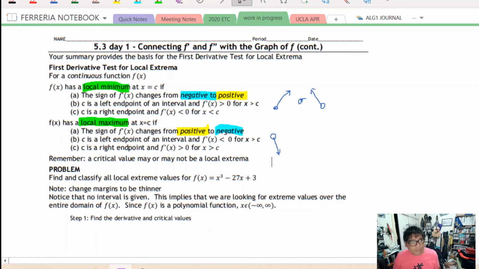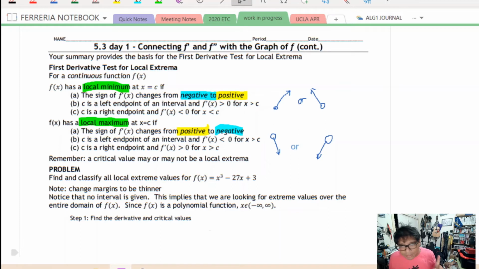Or if you have a right endpoint, the derivative is increasing directly to the left of it. So something like that. Now, just because the derivative changes from negative to positive or from positive to negative doesn't mean that it has to be a local maximum. Okay? It's just that at every local maximum, the derivative does change.